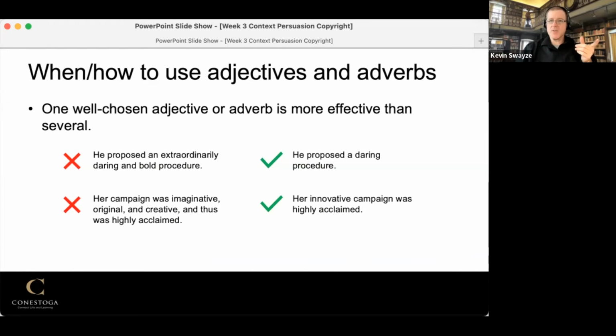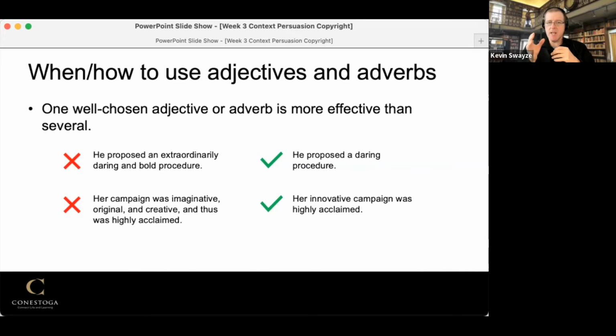Now, adjectives and adverbs are modifying words in the English language. Adjectives modify a noun. Adverbs modify a verb. So in the first example, he proposed an extraordinarily daring and bold procedure. Just say he proposed a daring procedure. Daring encapsulates bold.